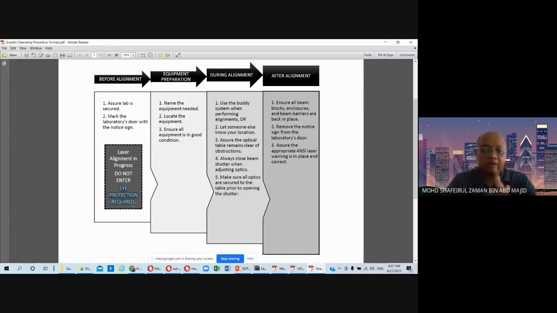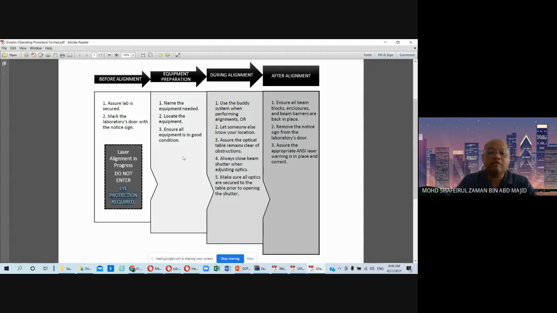So where to get the information from, where to get the pictures from, you can take it from the internet. For the assessment too, you can take it from the internet. And remember the reference materials part: for the column on reference material, you are going to put the sources where you have taken the pictures from. So this is for the graphic operating procedure.